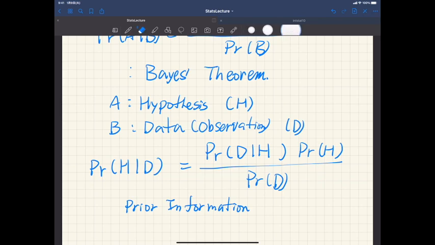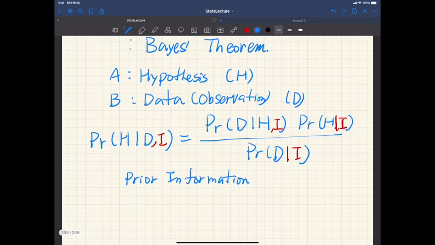So everything is conditioned on the prior knowledge I. Here D comma I means we have prior knowledge and the data.